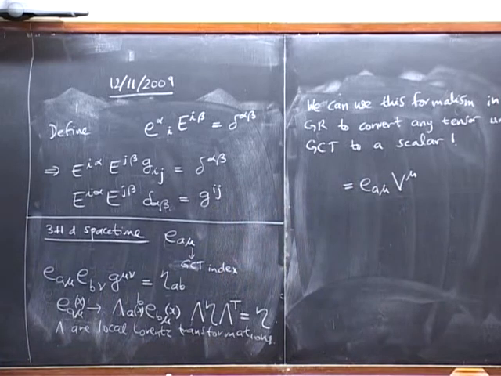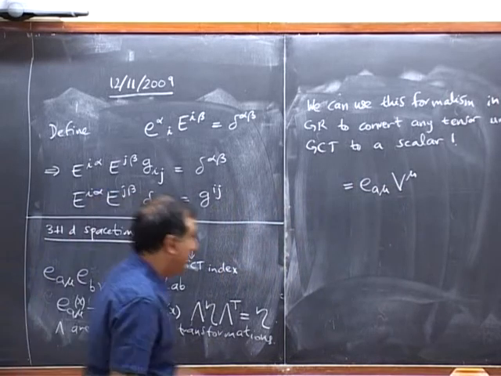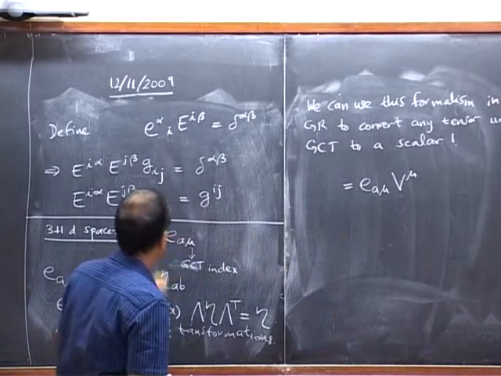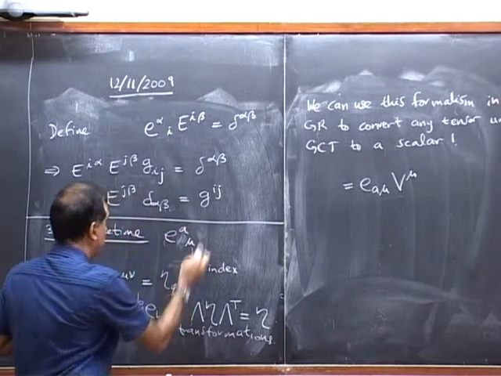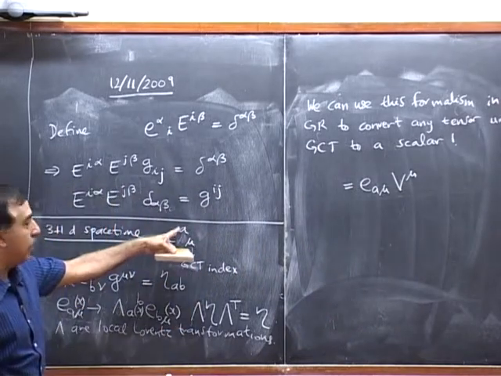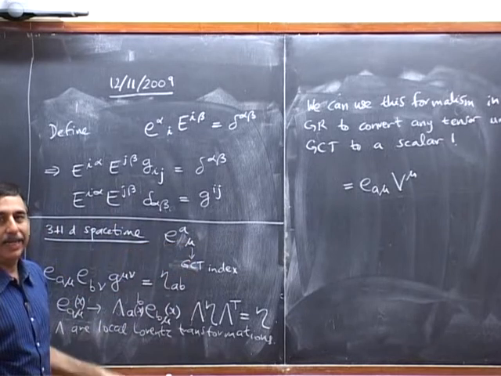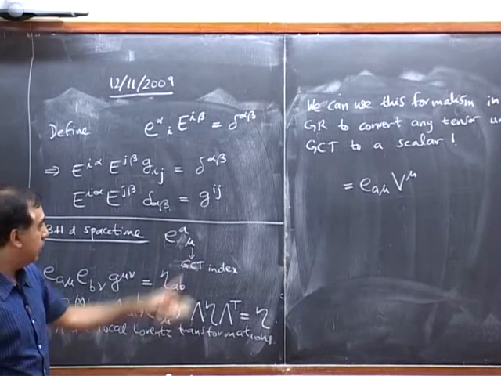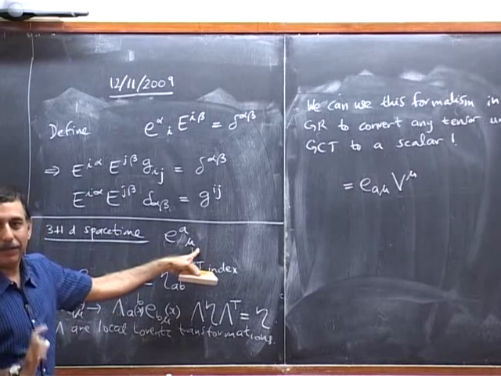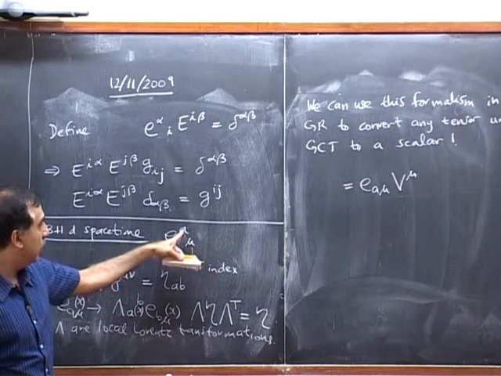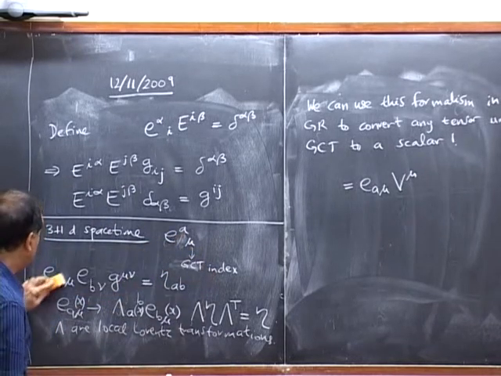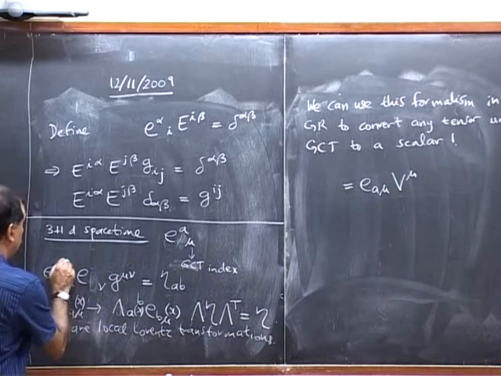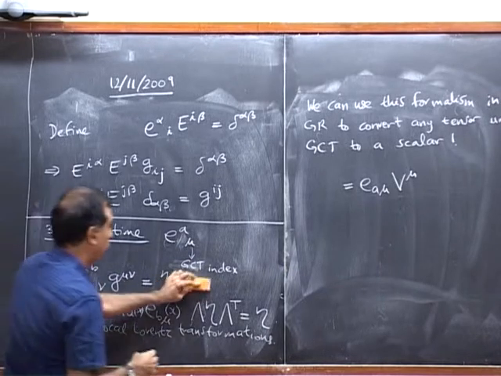I think I should have stuck to E upper. See, this being up and down doesn't matter much, it only matters up to a minus sign. This index being up and down matters up to a factor of the metric. But this one is raised and lowered by eta. So all these relations are true regardless whether it's up or down.